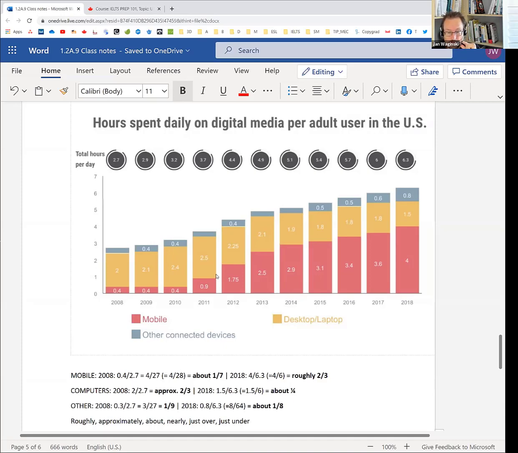But for now, what's the big pattern that we're going to describe in our general overview? Total number. Yeah, so the time increased steadily, and also that mobile devices comprised an ever-increasing percentage of people's digital media use, right?